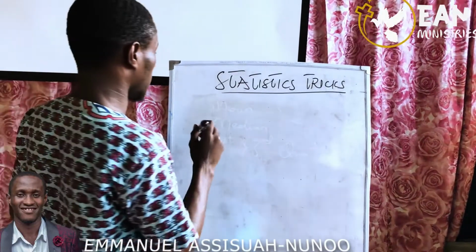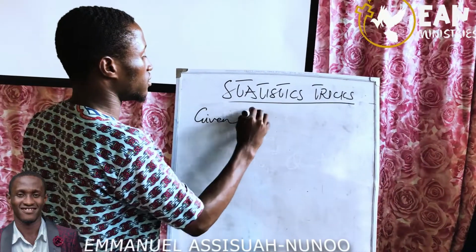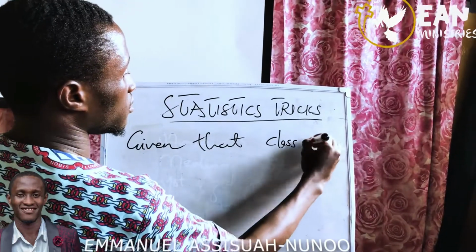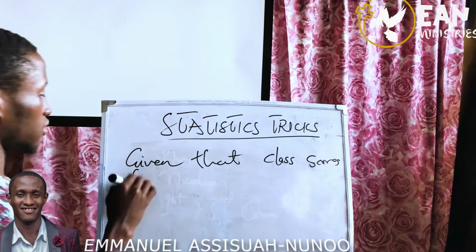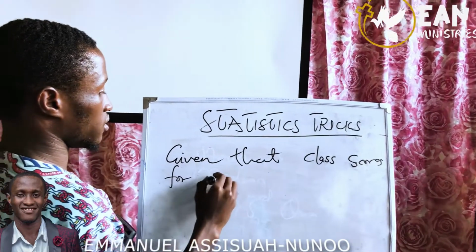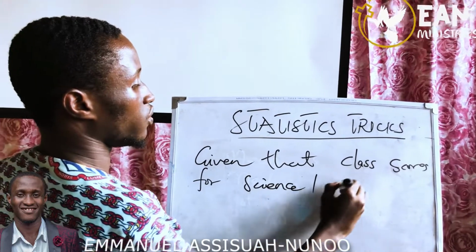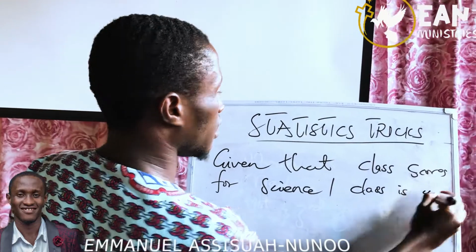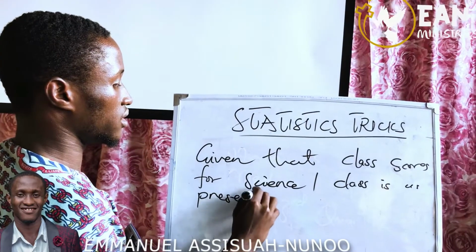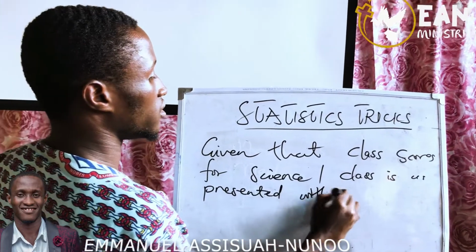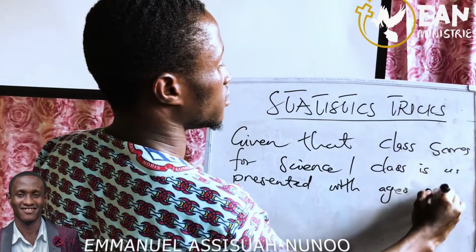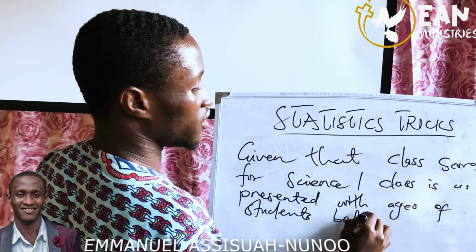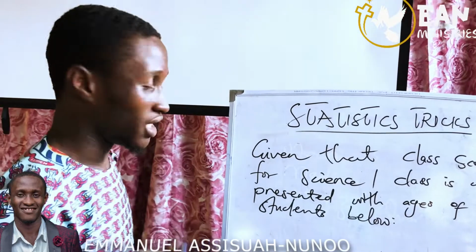Okay, so take this. Given the class scores for science, one class is presented with ages of students below. We are not using realistic ages, so please pardon me for this one.